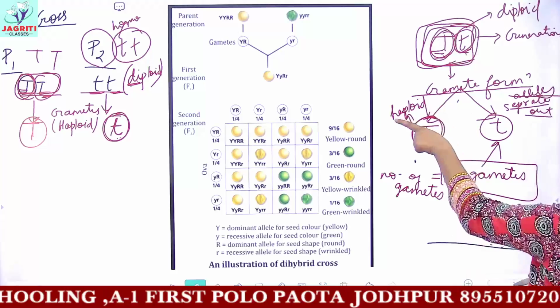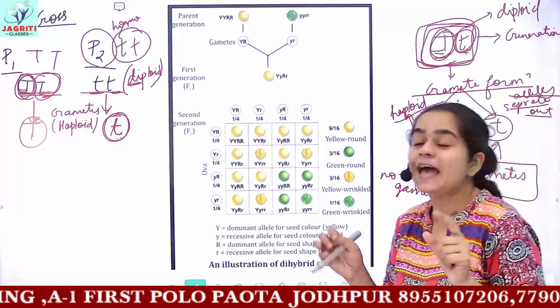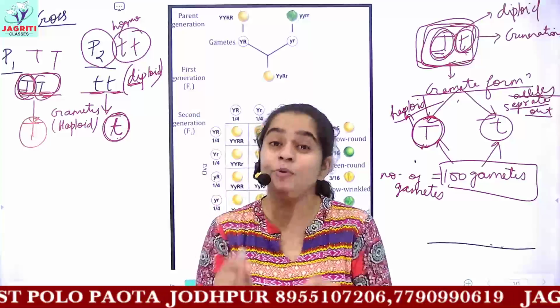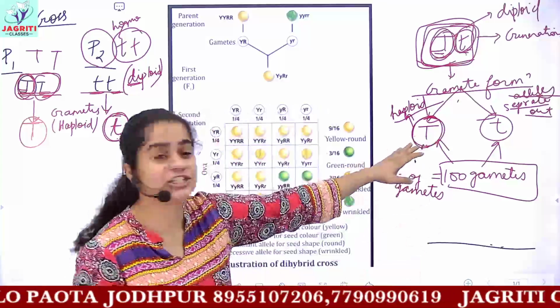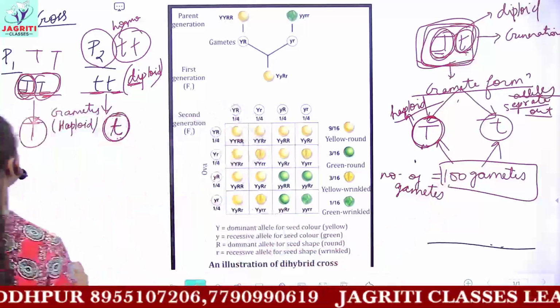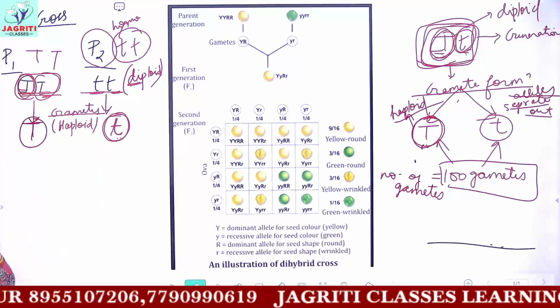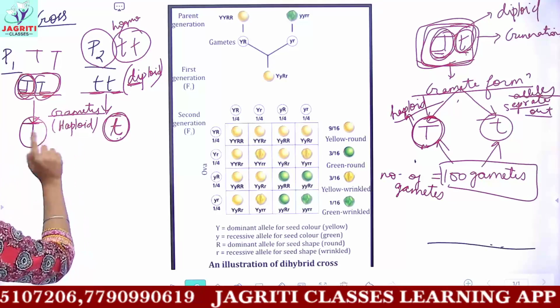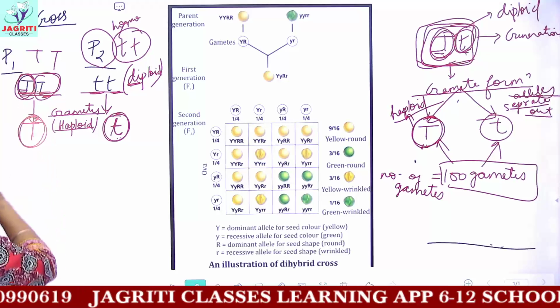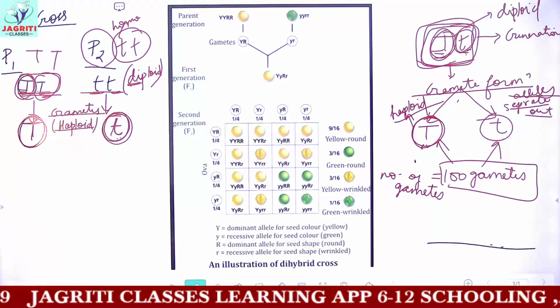So hence they are called haploid cells. Haploid means having only a single copy of the chromosome or only a single copy of the gene. So now you have the formation of gametes, and these gametes are called haploid cells because one allele here is capital T and the next allele here is small t.